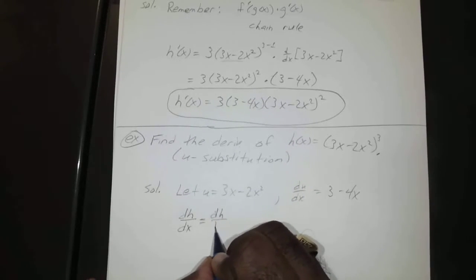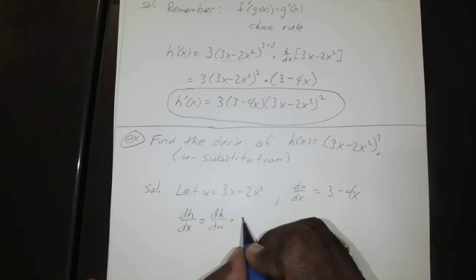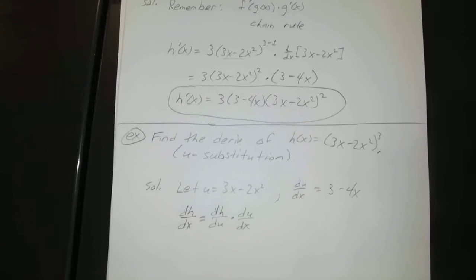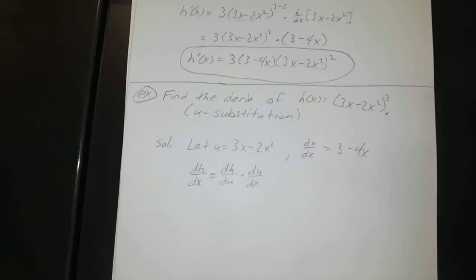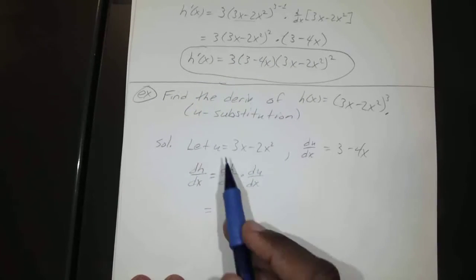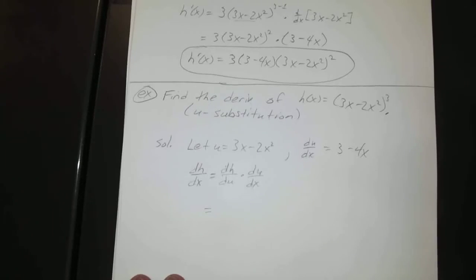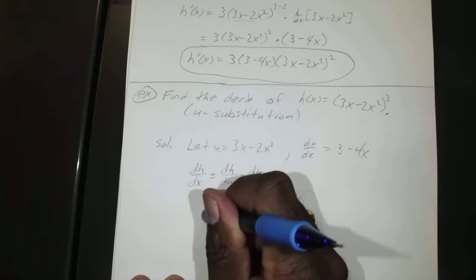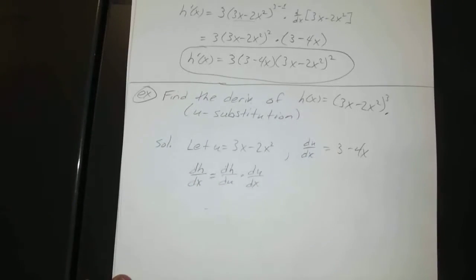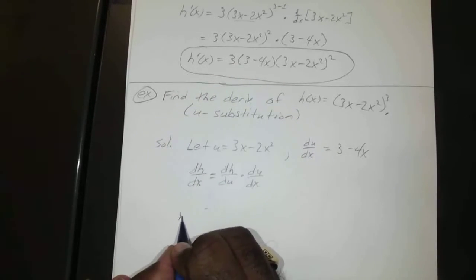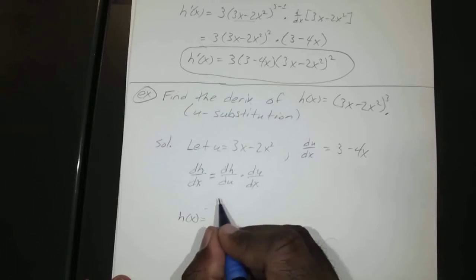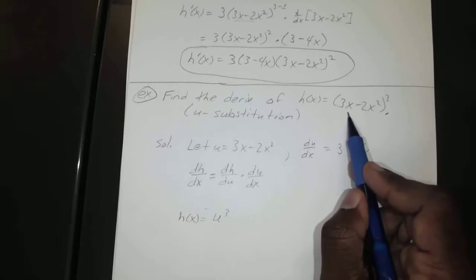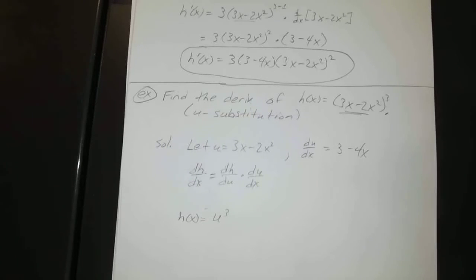The derivative of h with respect to u times the derivative of u with respect to x. So the derivative of h with respect to u, remember, h of x equals u to the third, because remember, we just made that equal u.